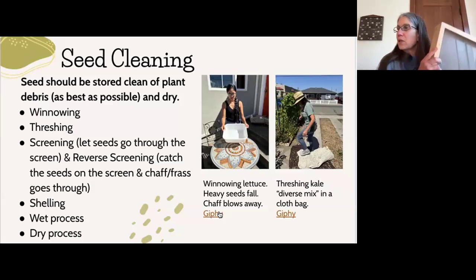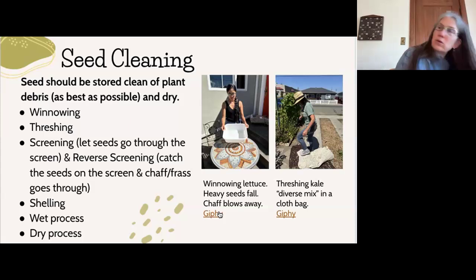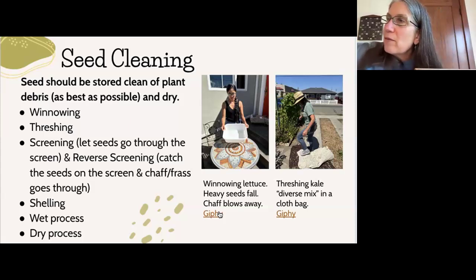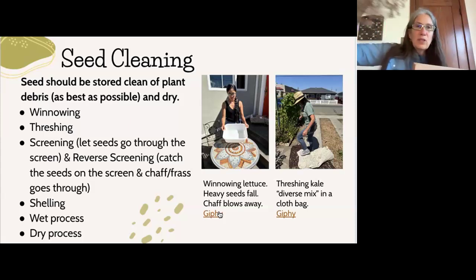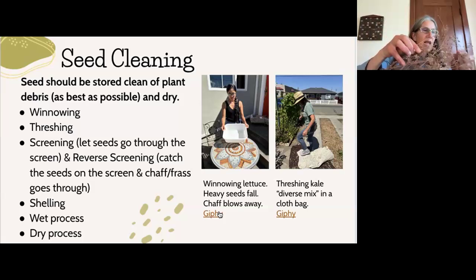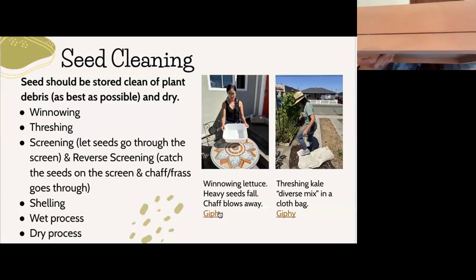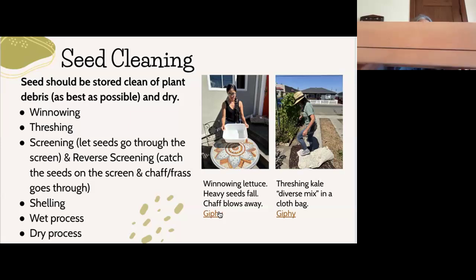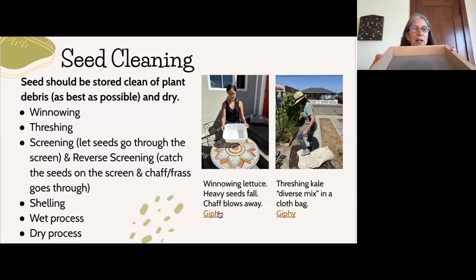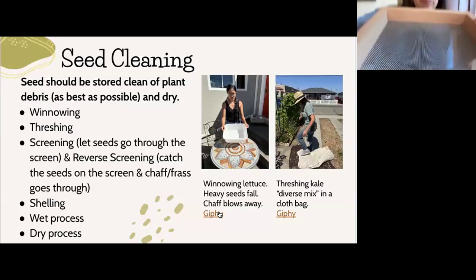For example, let's see, I don't know if I can show this. Here I have some cilantro, and maybe I have some stuff. I don't know if this is going to work. If I put it through the screen, in this case, it's collecting, I know you can't see this, but it's collecting the cilantro.